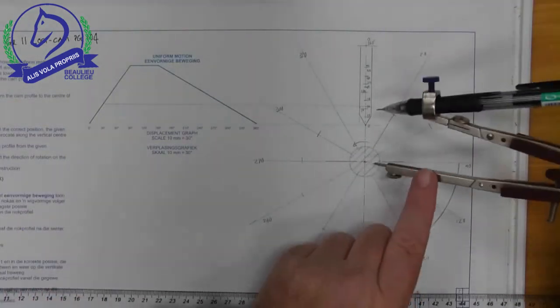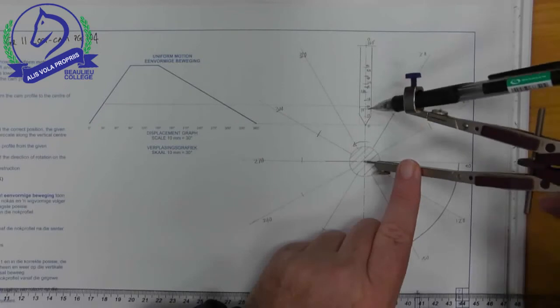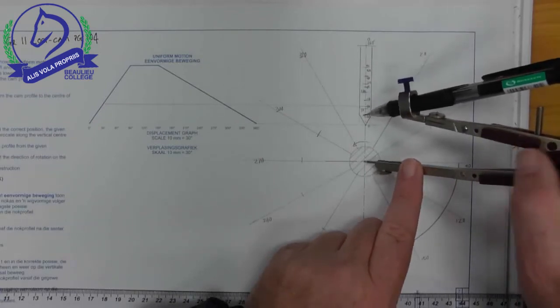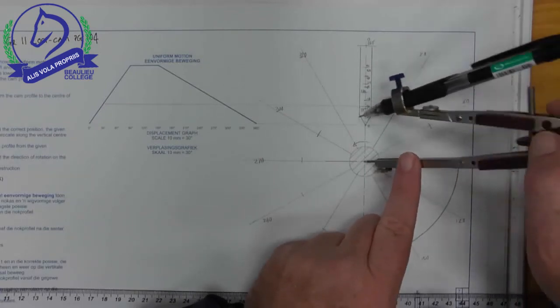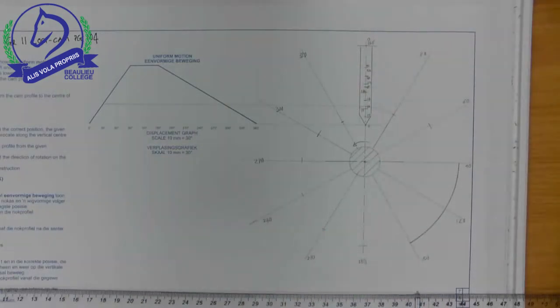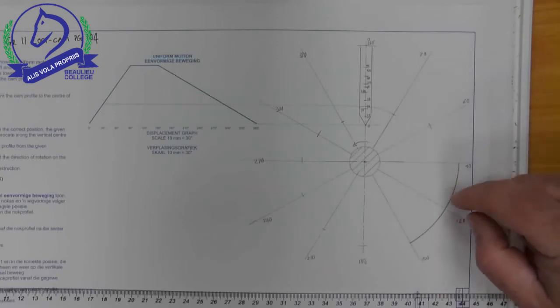Here's 330. And there you have all your points, which you now need to join up.